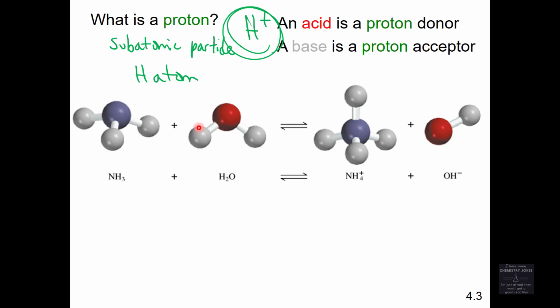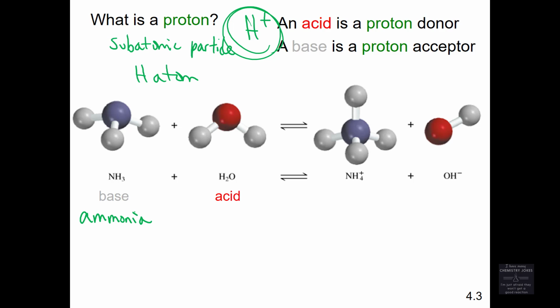My acid must be this thing because it donated a proton. It was water, oxygen with 2 hydrogens. All of a sudden, this is oxygen with 1 hydrogen. It lost that hydrogen, it lost that proton, it's an acid. So the thing on the right is acid, water is the acid. The thing on the left is the base. Ammonia is the base.